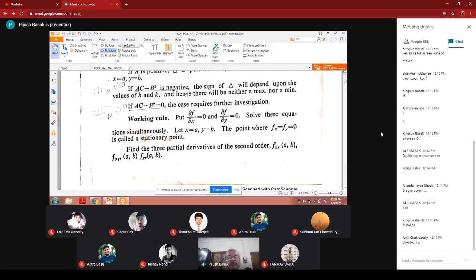But this is the working rule. First of all, you find out del f del x is equal to 0 and del f del y is equal to 0, and solve the equations. After solving, we get x is equal to a, y is equal to b. The point where fx is equal to fy is equal to 0 is called a stationary point. Then find the second derivatives, the three partial derivatives, fxx at (a,b), fxy at (a,b), and fyy at (a,b). Then you have to check these points.